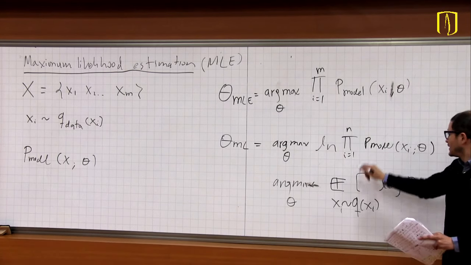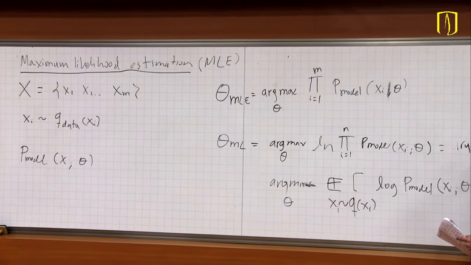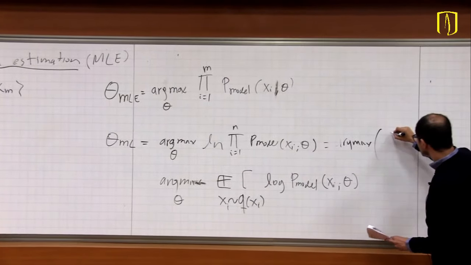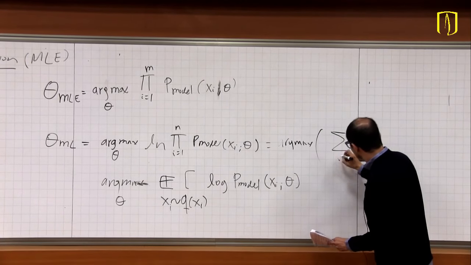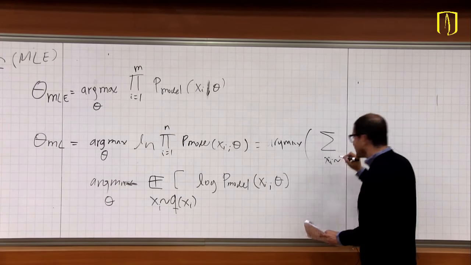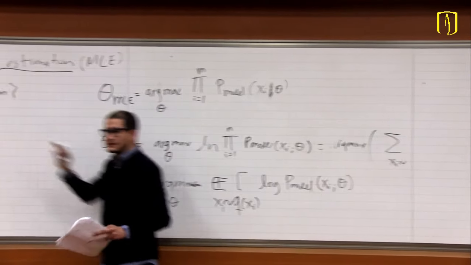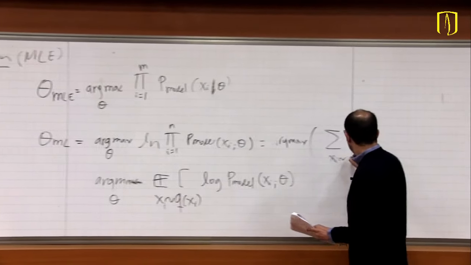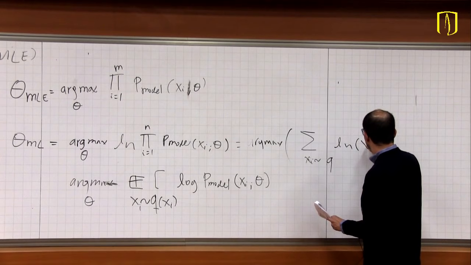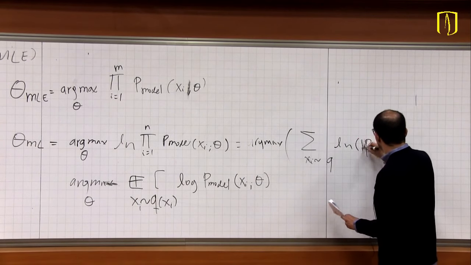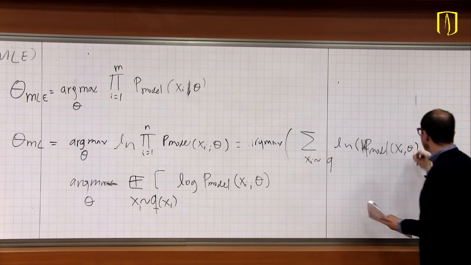Let me do it right. Arg max of the sum over i of xi, where this xi is distributed according to the original distribution q, and then I have log of p model of xi and theta.